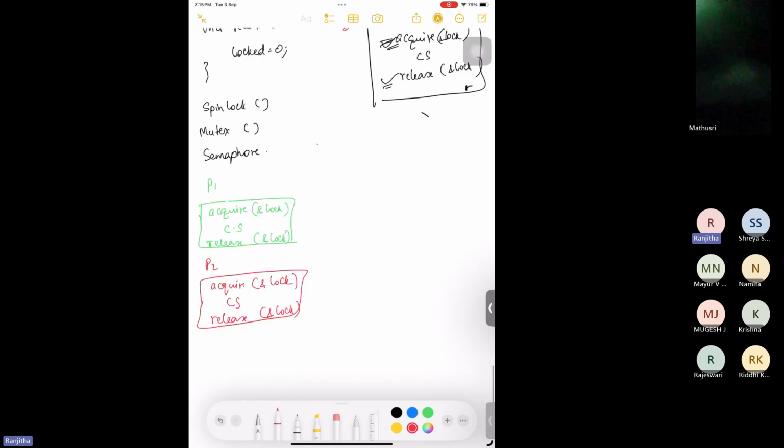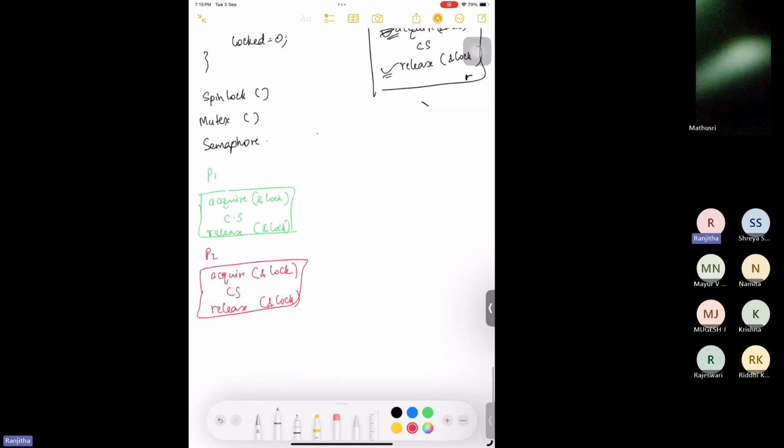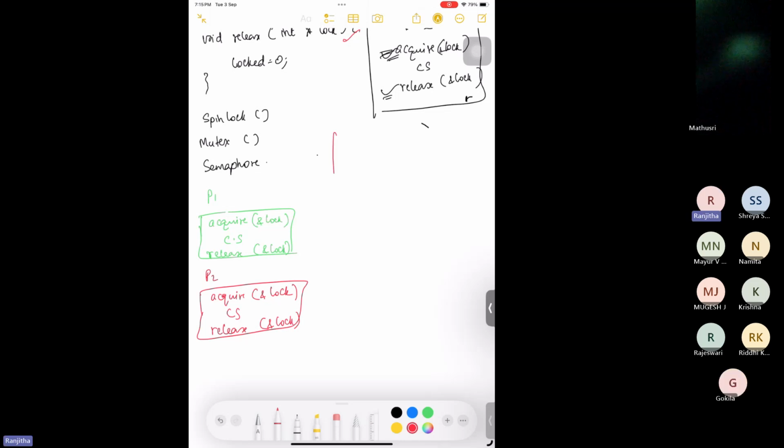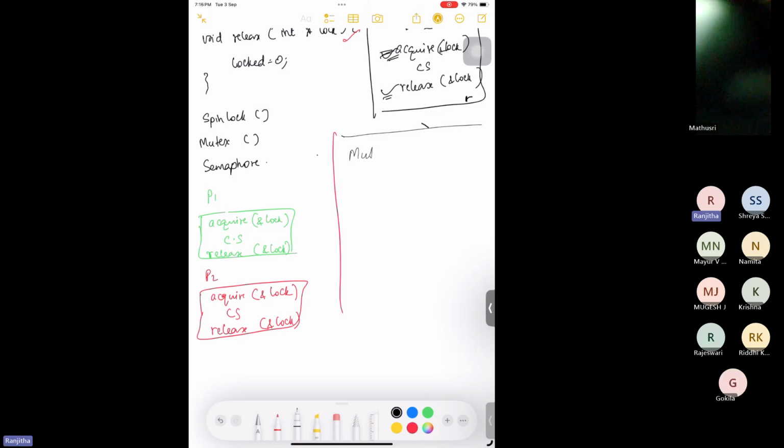Another mechanism is mutex. Mutex is equivalent to spin lock; the logic of acquire is the same. It is just that we don't wait in a while loop and keep checking whether the lock has been released.